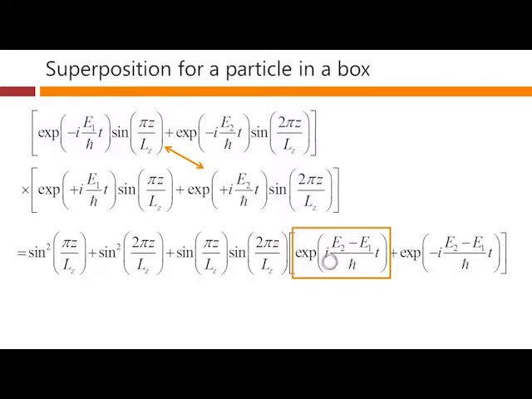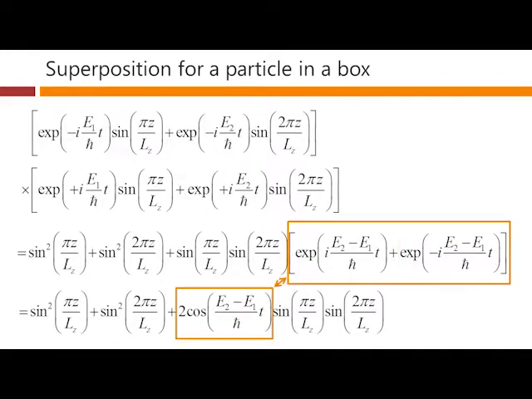So we've got e to the plus i (E2 minus E1) over h bar times t multiplied by both of these functions. That's these two terms then multiplied by one another. Similarly, if we multiply these two terms by one another, we're going to get the same kind of thing, only in this case, remember we've got e to the minus i E2 over h bar t here, and e to the plus i E1 over h bar t here. So this has a minus sign in front of this argument here, instead of the plus sign we had there.